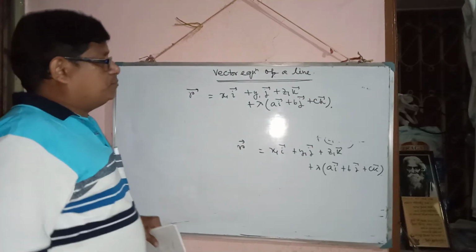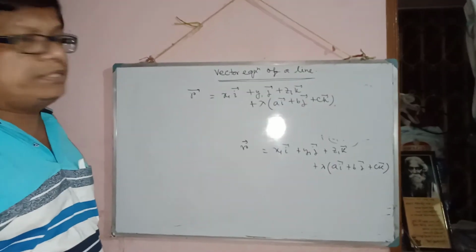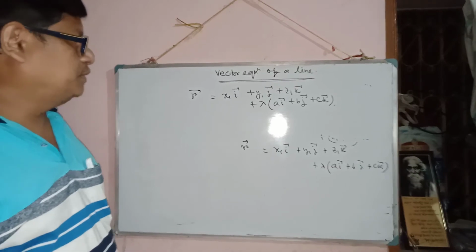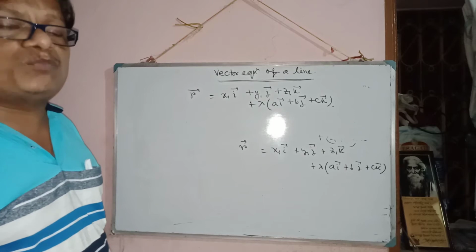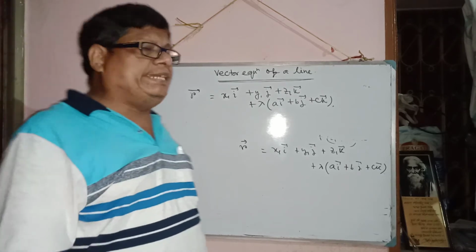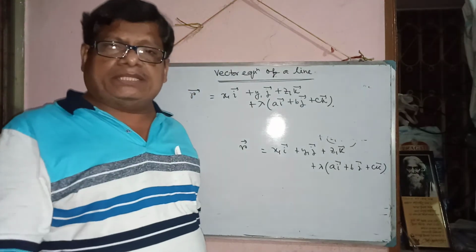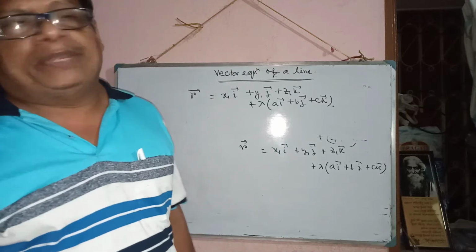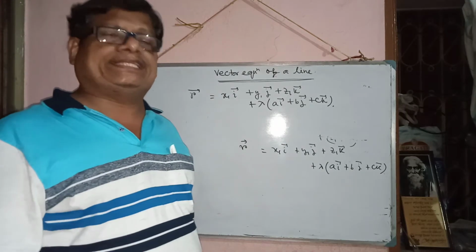This is the vector equation of a line. We can also write this equation in Cartesian form. If Cartesian form is given, you convert into vector form, and vice versa.